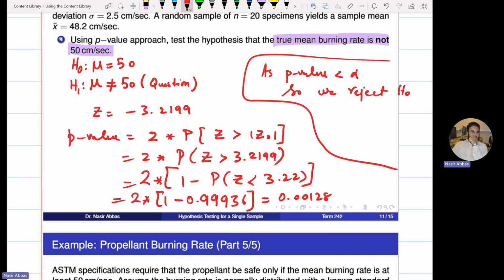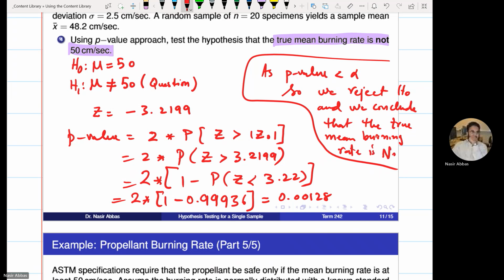So the conclusion is it is not 50, or we can say it is significantly different from 50. Again, we will not comment if it is more or less.